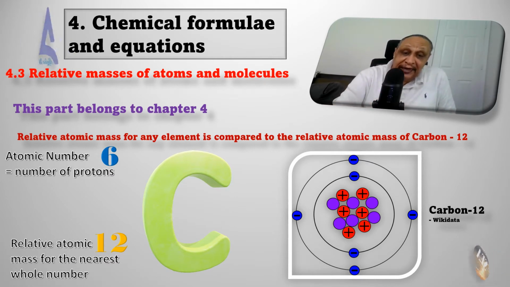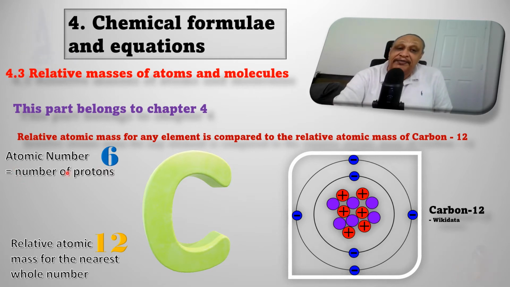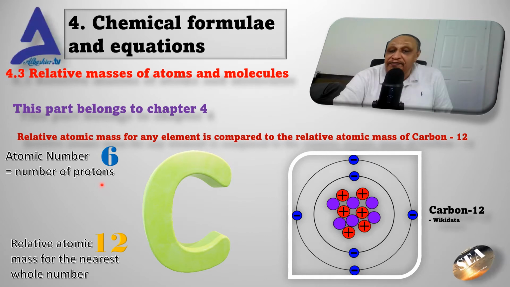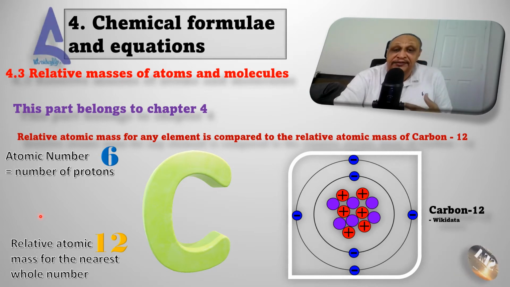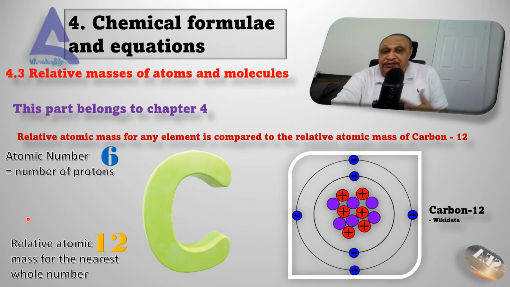This is carbon 12. Here we have the 6, which is the atomic number, and the atomic number is the number of protons. You know that from the periodic table and how its elements are distributed.